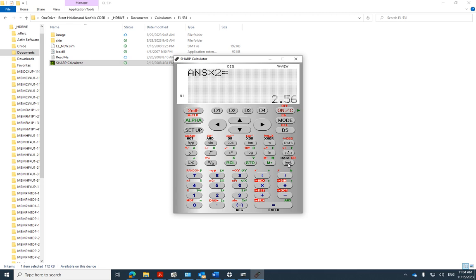Let me just do the next row. 3, 4, 5, 6, 7, 8. By the 16th square, it's $655.36. Let's do another row. 17, 18, 19, 20, 21, 22, 23, 24. $167,000.